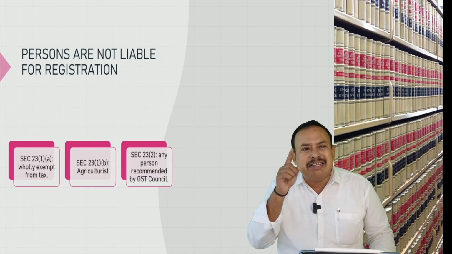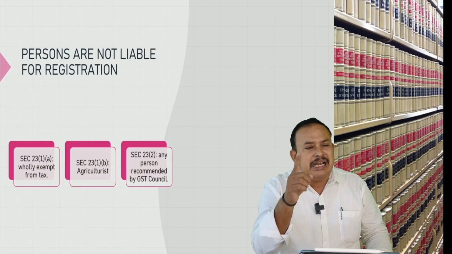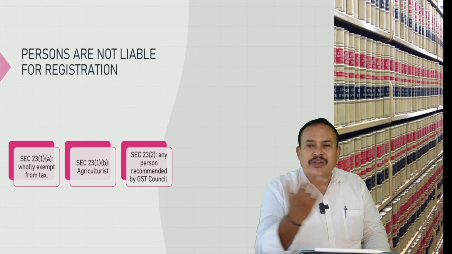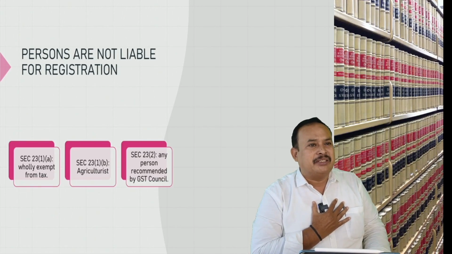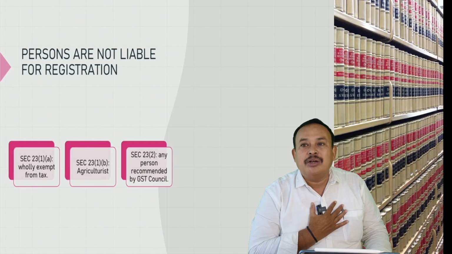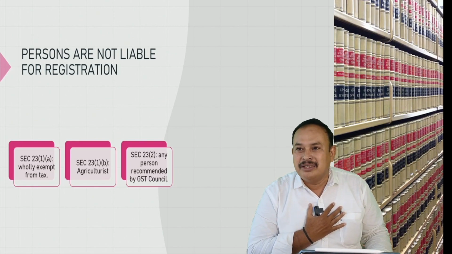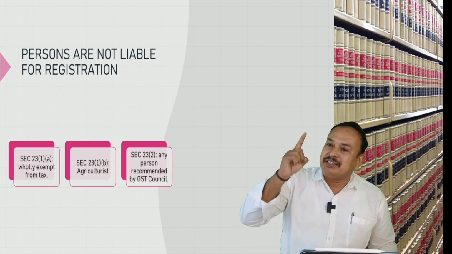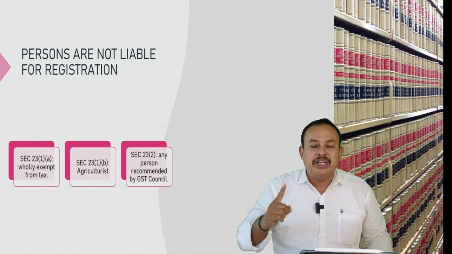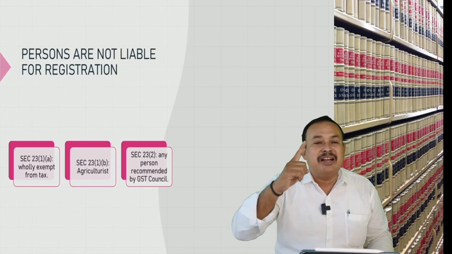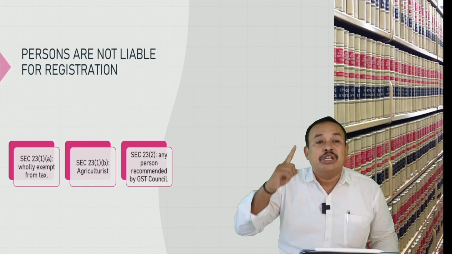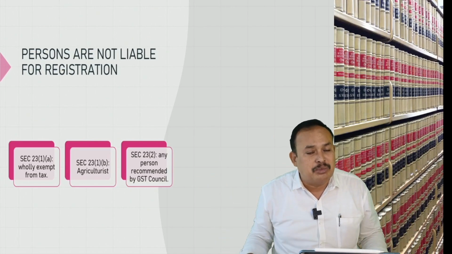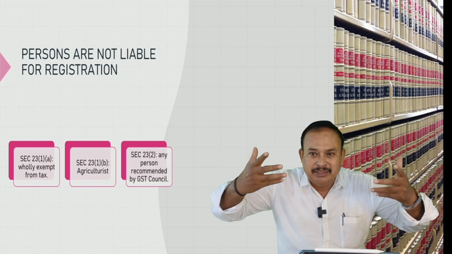If you are an agriculturalist, India is an agricultural based country, am I right or not? We have high respect, love and affection for our Annadata, who is none other than the farmer, namely called agriculturalist. If you are an agriculturalist, you are cultivating paddy, wheat, flowers, potatoes, and as a whole horticulture, meaning fruits and vegetables, you are a supplier.